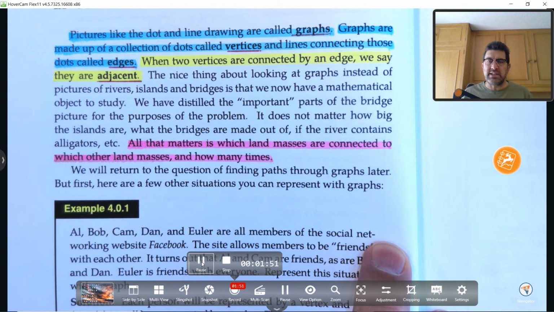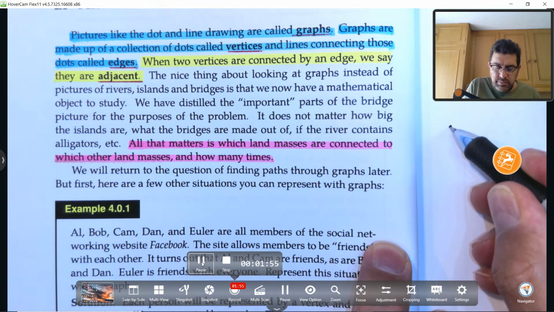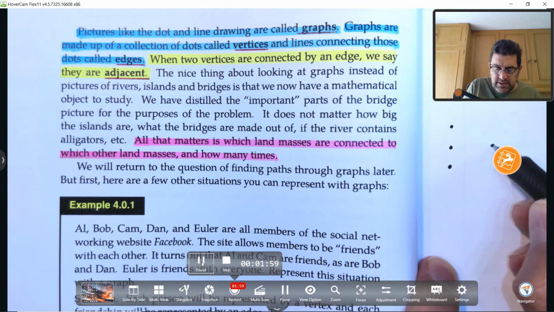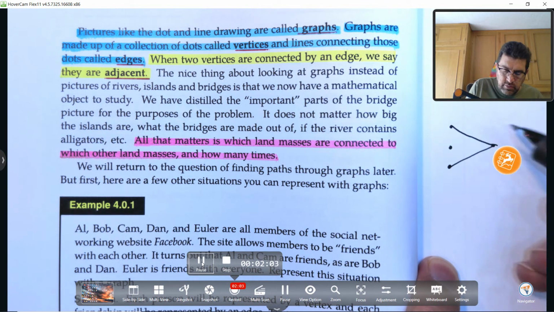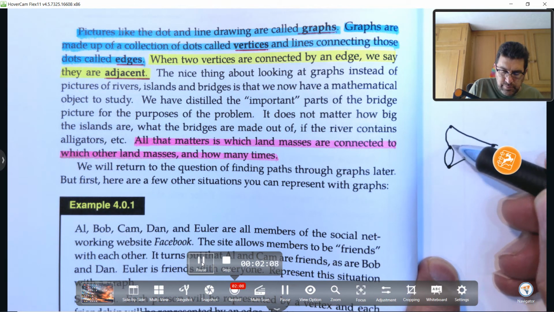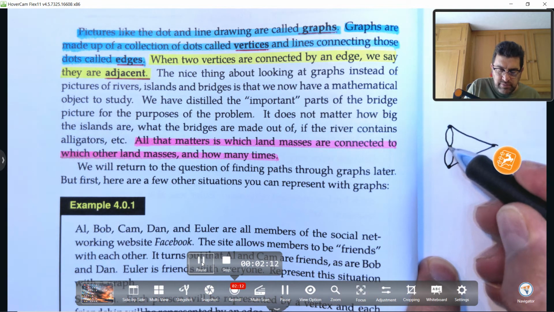So they represented that Königsberg bridges problem with a graph that looks like this. That is what this definition is referring to. This is what we're going to call a graph.